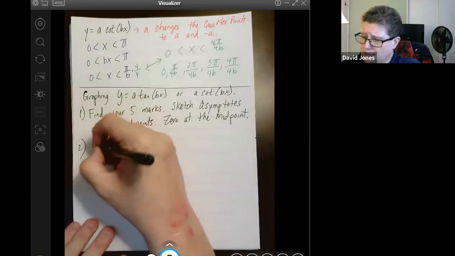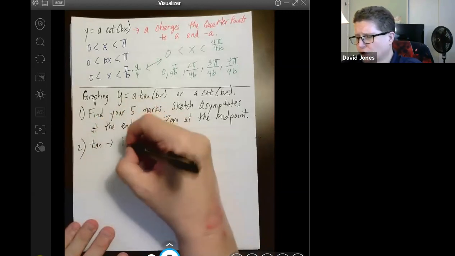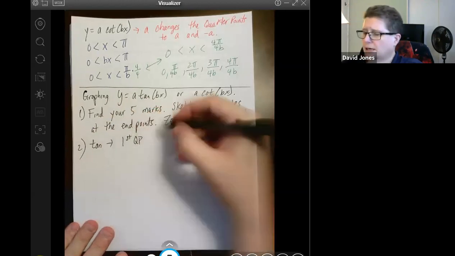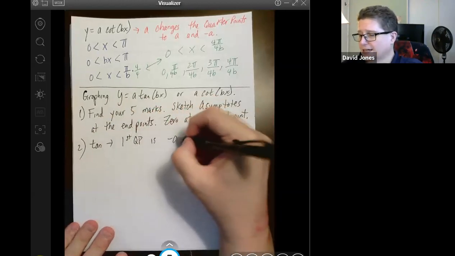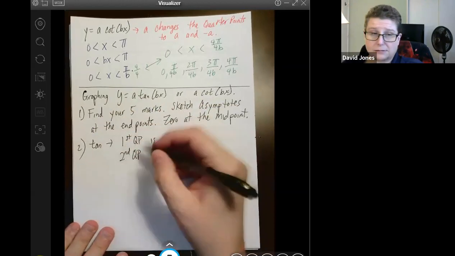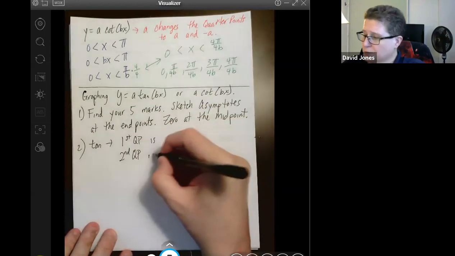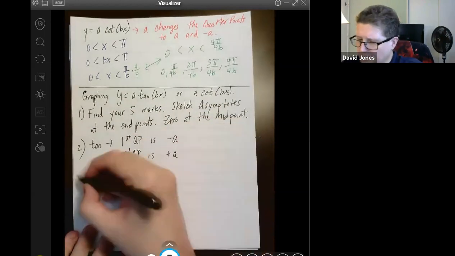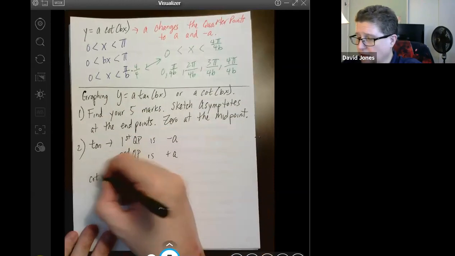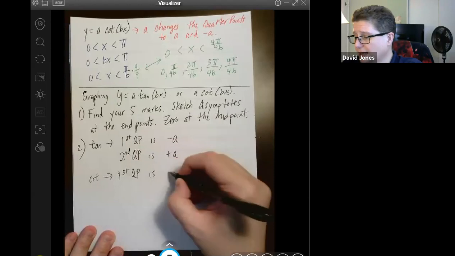For tangent, the first quarter point is -a. The second quarter point, I guess really the midpoint's the second quarter point, but you know what I mean. There's 2 points that are in the quarter areas. This is +a, and this flips for cotangent. First quarter point is -a.